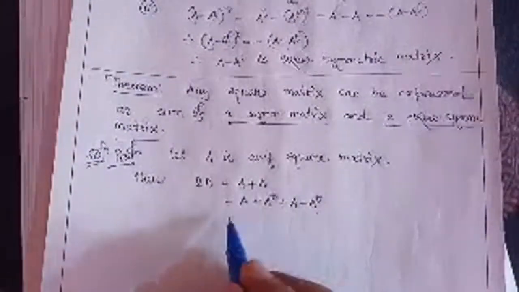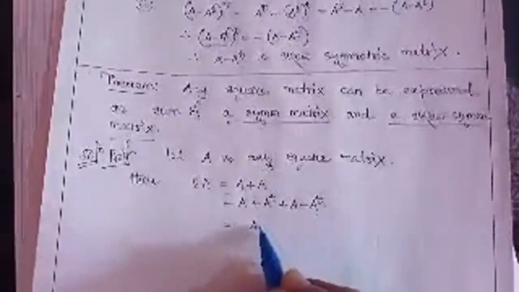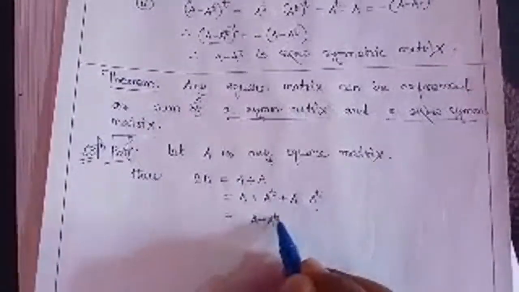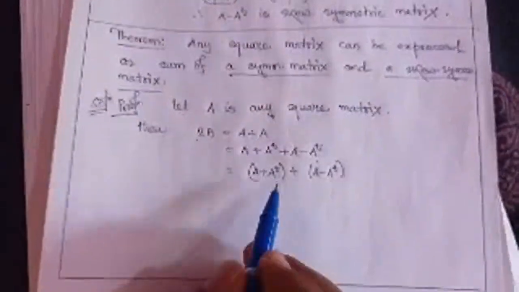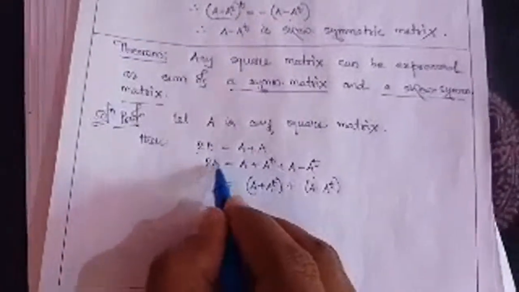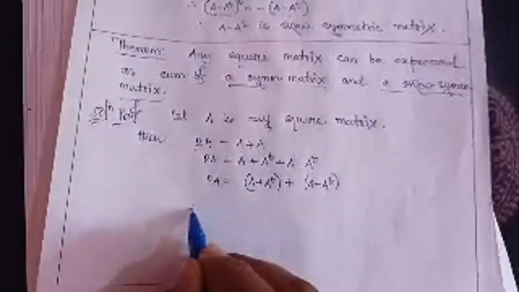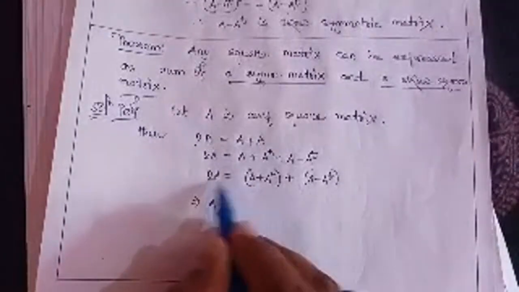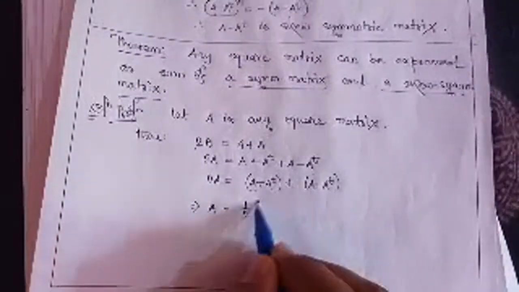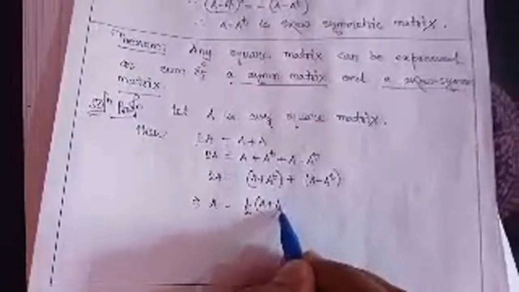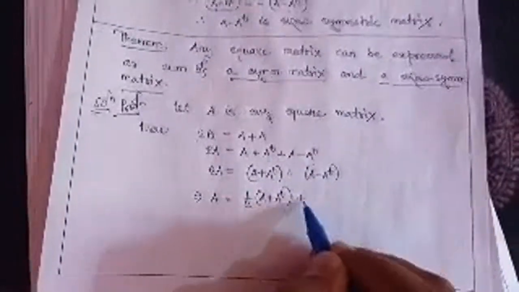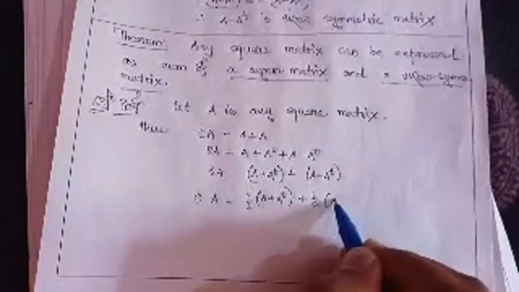If we make the group A plus A transpose plus the group A minus A transpose, so 2A equals this. So A equals, if we take 2 to this side, half of A plus A transpose plus half of A minus A transpose.